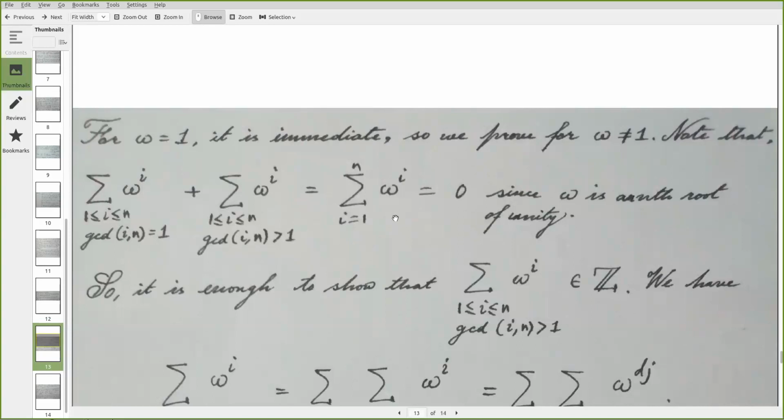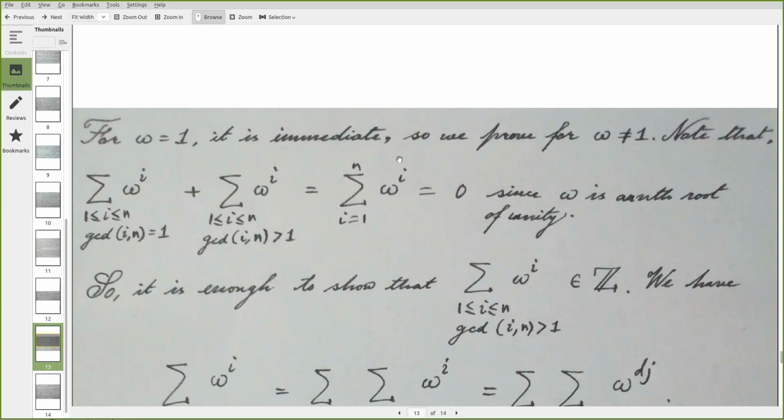So the sum is equal to this, and since omega is a root of unity and omega is not equal to 1, the sum 1 plus omega plus omega squared up to omega to the power n minus 1 is 0, since omega to the power n is just 1.